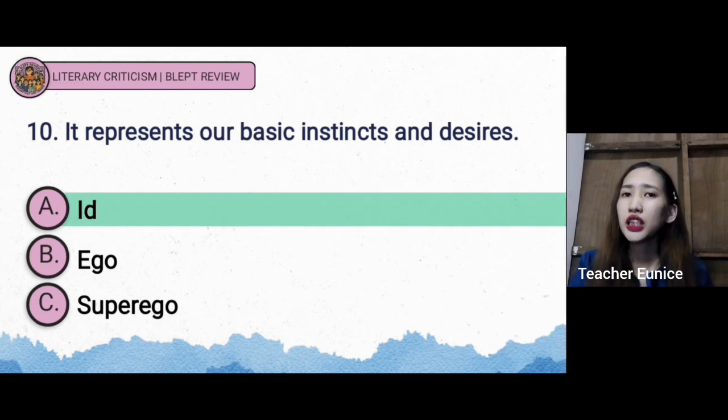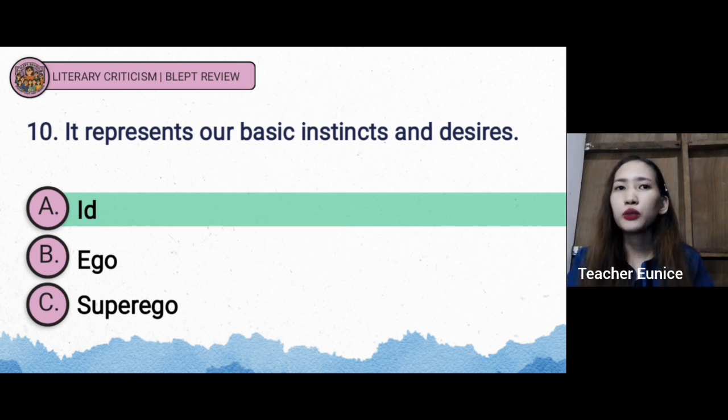When we say id, it is the pleasure-seeking part of the mind. It focuses on immediate gratification. On the other hand, ego is the rational mediator. It balances impulses with social norms. And the superego is our moral conscience, pushing us to follow ethical standards.